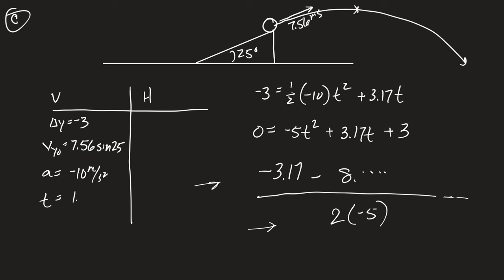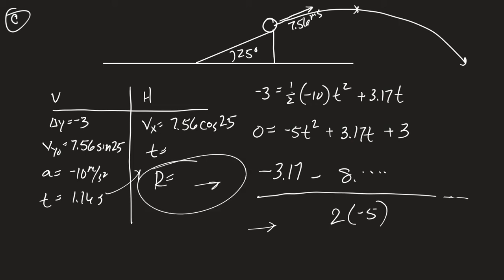So once you get your 1.16 or whatever your seconds are, your Vx is still going to be 7.56 cosine 25. Got your time, find your range. It's 8 meters for sure. 7.56 times a little bit more than 1. That's going to come out to be about 8. All right.